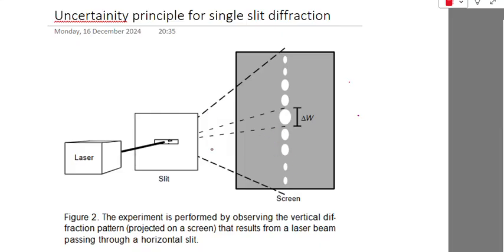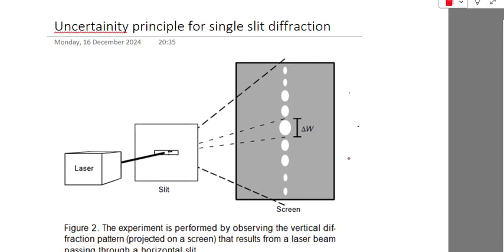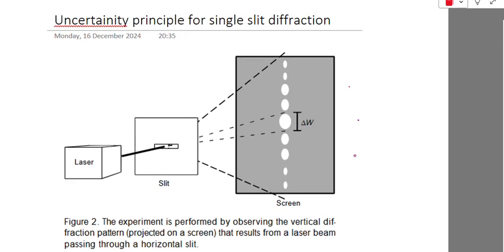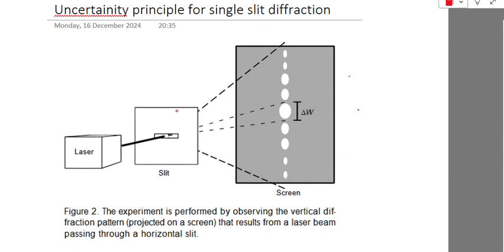The description that I'm going to show you is from a research article, and I will provide the link for that article in the description. It's again the single slit diffraction experiment. Here you see the laser again, a slit, and a screen.